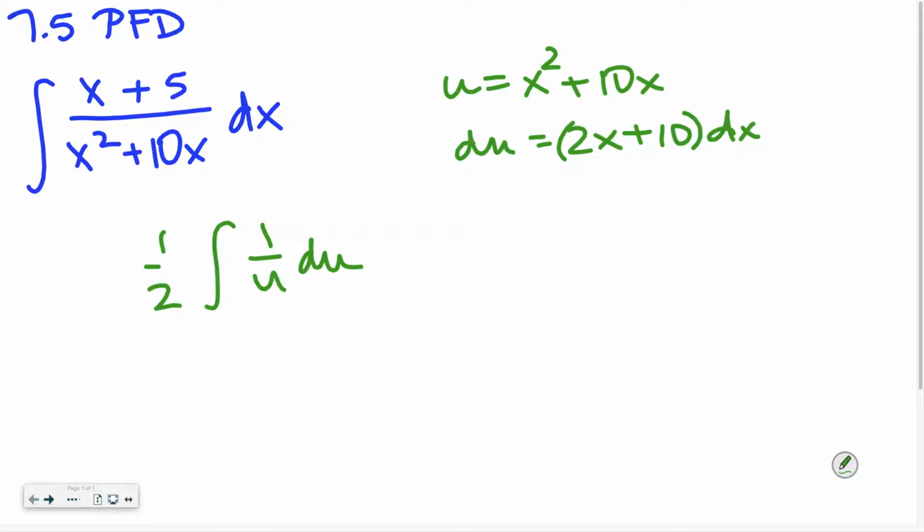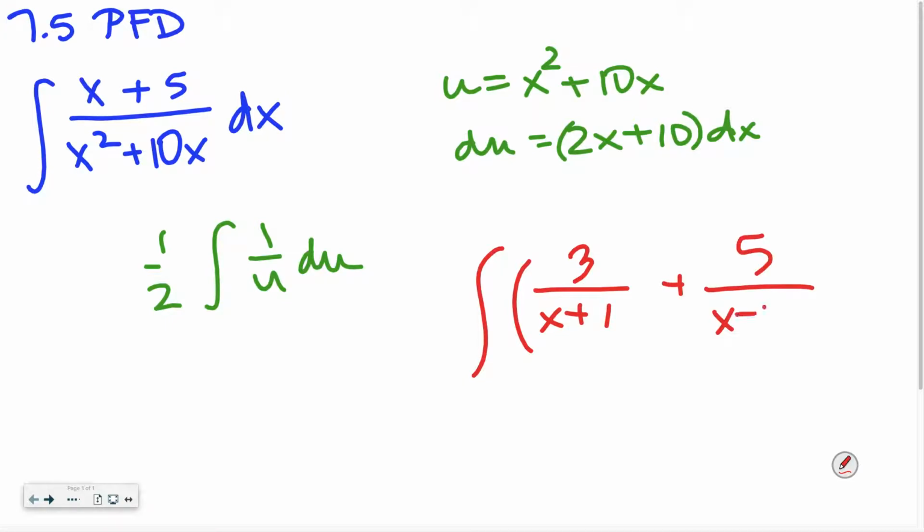However, if we could break this apart to where we had a constant over a linear denominator and a constant over a linear denominator, then we could easily use our natural log rule, right? Could we take those antiderivatives fairly easily?